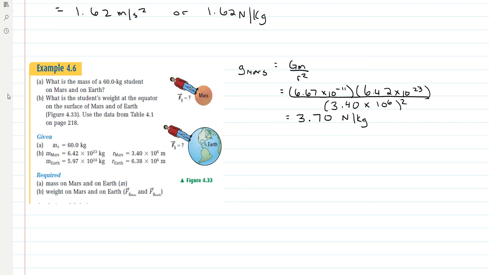And then for Earth, same setup, very similar values.